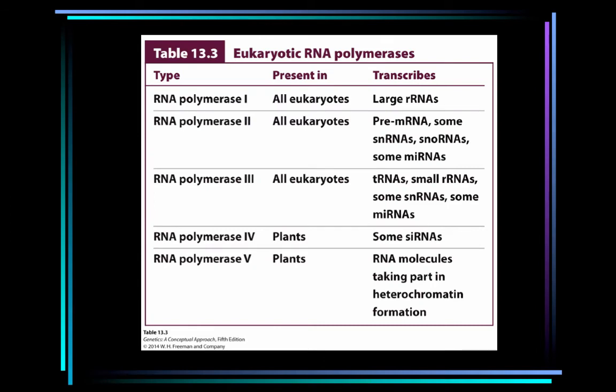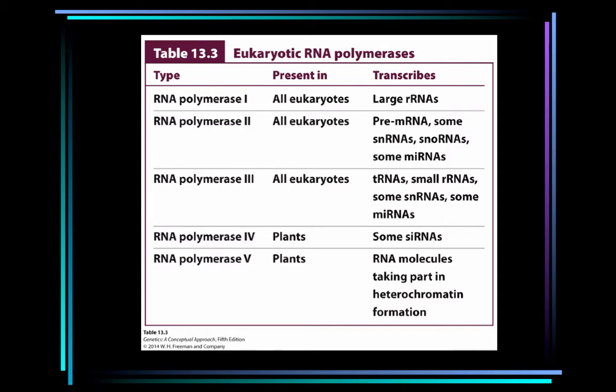So in eukaryotic species, one of our major differences between bacterial and eukaryotic species is the number of polymerases and their function. So RNA polymerase 1, 2, and 3 are found in all eukaryotes. RNA polymerase 1 is responsible for transcribing large ribosomal RNAs.